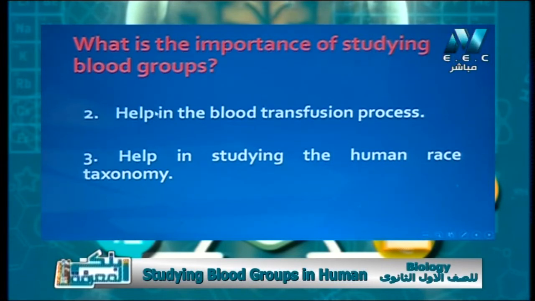So we have to study very well the blood group of each person in doing the process of blood transfusion. And the third point is that it helps in studying human race taxonomy, because as we said, we can classify people into groups according to their type of blood.